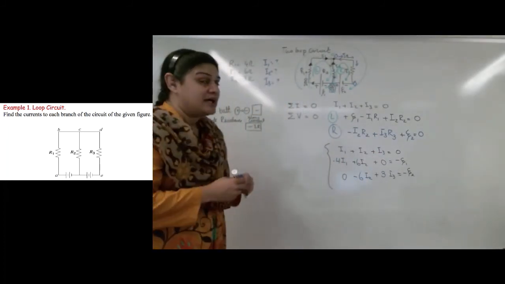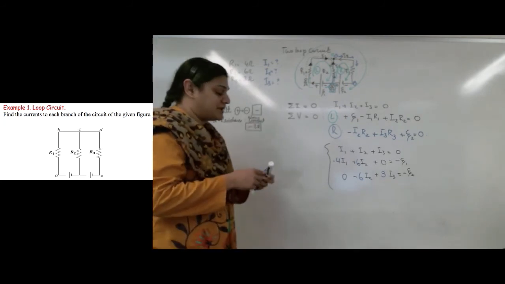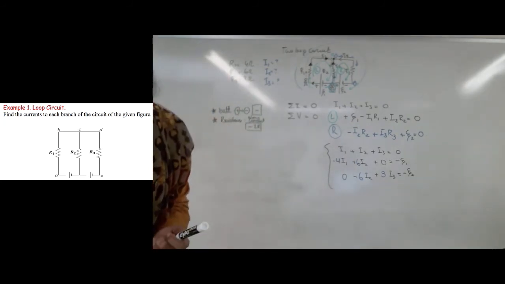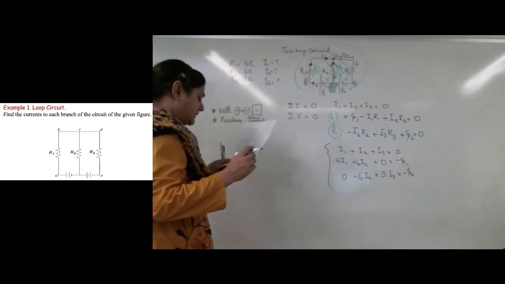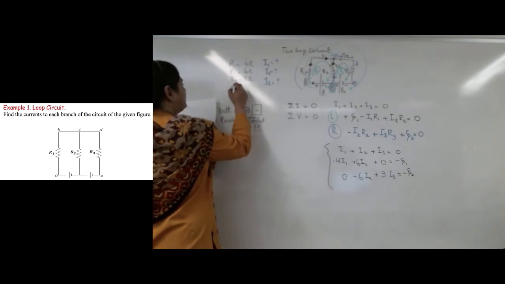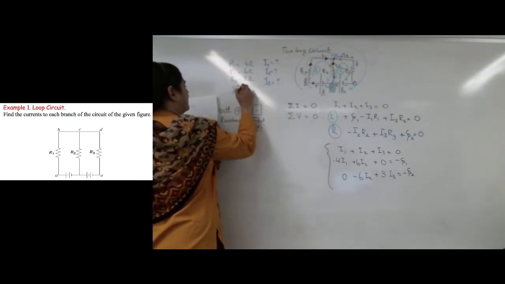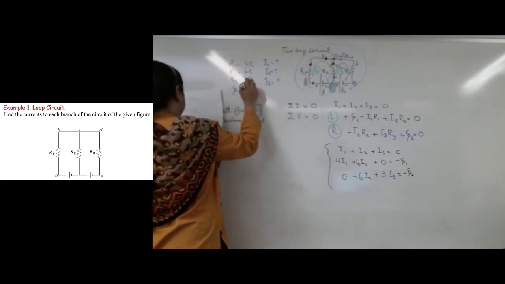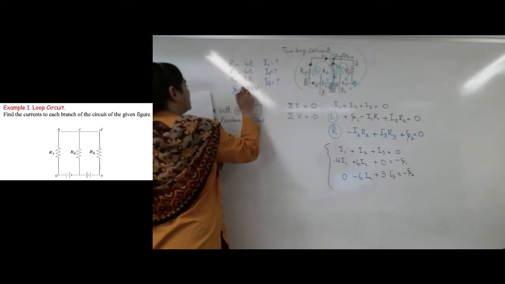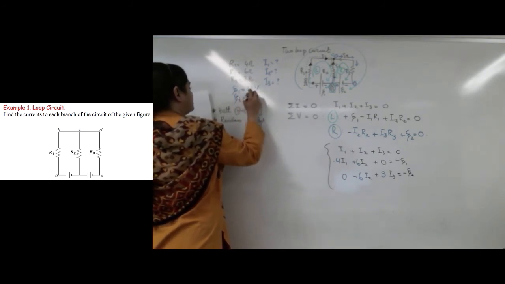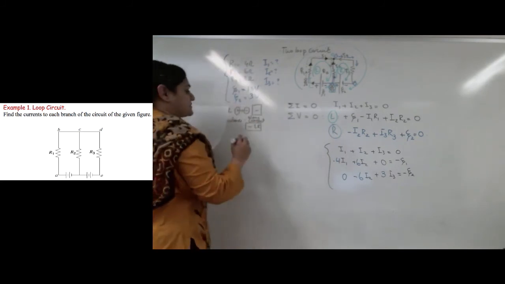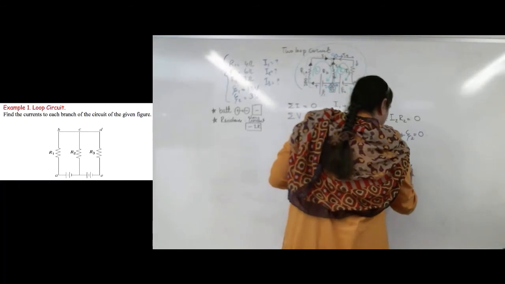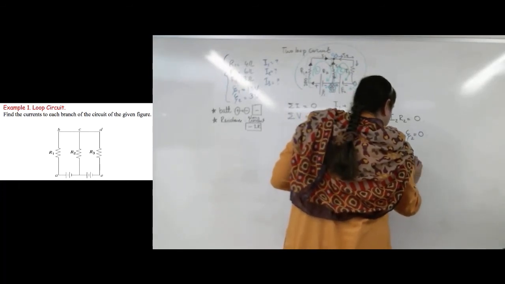Given epsilon, okay, the other thing I did not give you was epsilon 1 and epsilon 2. So, given EMF 1 to be 1.5 volts, and epsilon 2 or EMF 2 to be 3 volts. You should be able to solve these. So I'm going to replace this with 1.5 and I'm going to be able to replace this with 3.